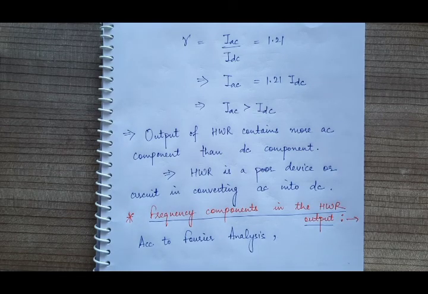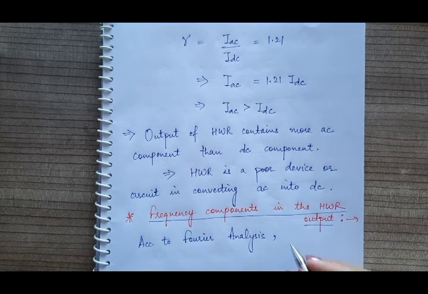But according to the Fourier analysis, the output current of the half wave rectifier does not only include this I naught by pi term, but it also includes the sine terms, the frequency components, which create fluctuation and give rise to the fluctuating DC or pulsating DC.